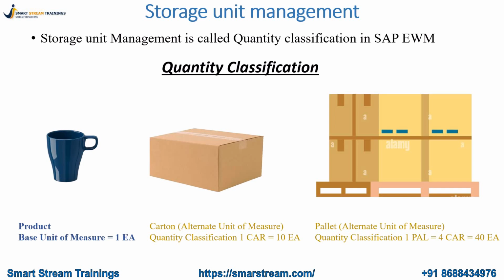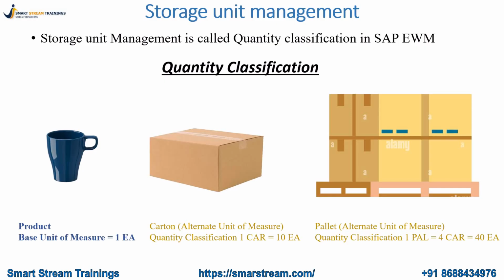Let us assume that four cartons can be placed on this pallet. So four cartons are nothing but 40 eaches of products. So one pallet is four cartons. It's another way of representing the quantity of these products.